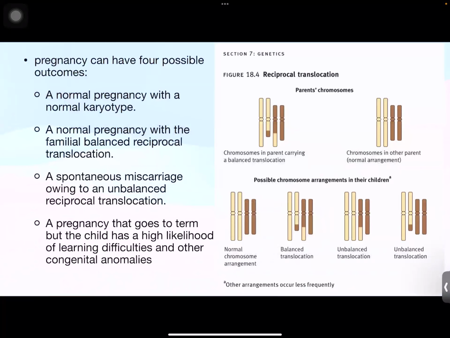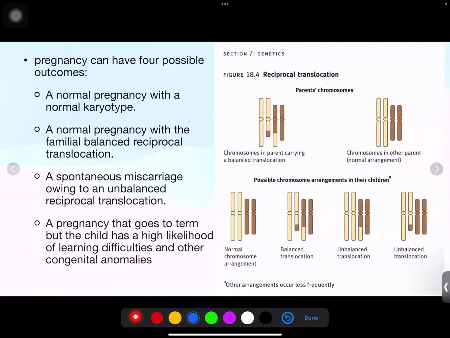I'll tell you here in this picture what translocation is. See, this is a normal arrangement. In this picture, this chromosome and its partner are a normal arrangement. And what happens in this parent? This is normal, and what happens between these two chromatids of non-homologous chromosomes?